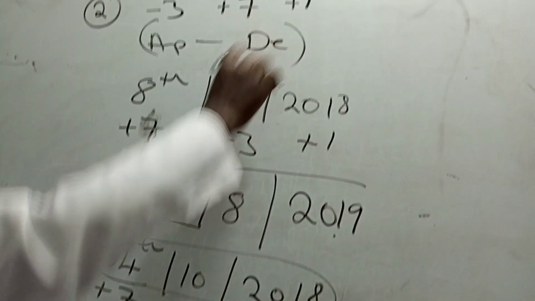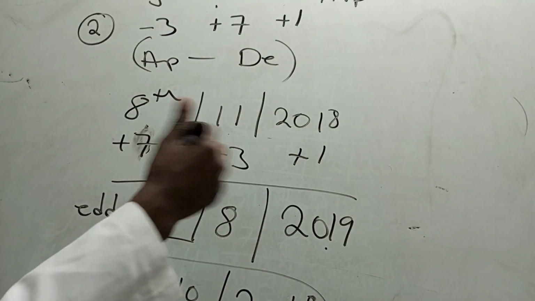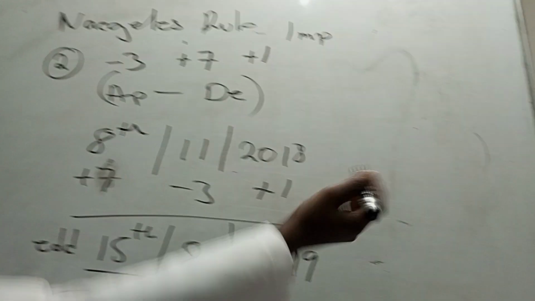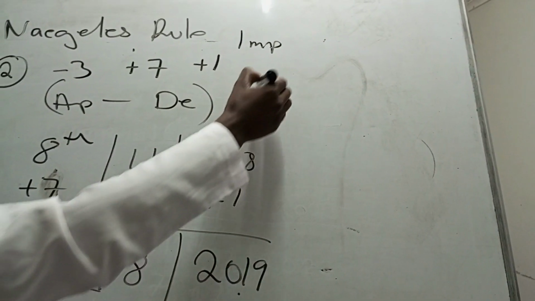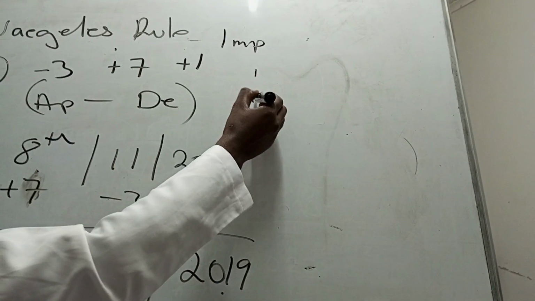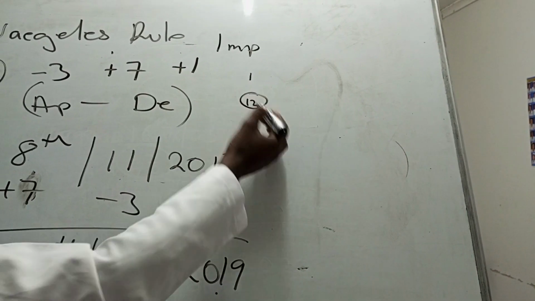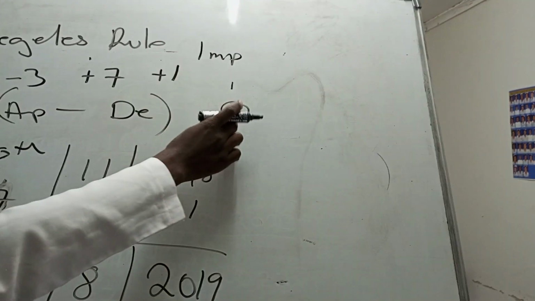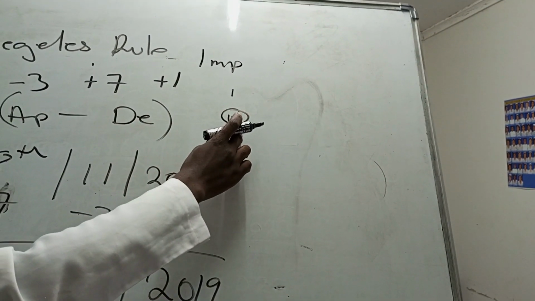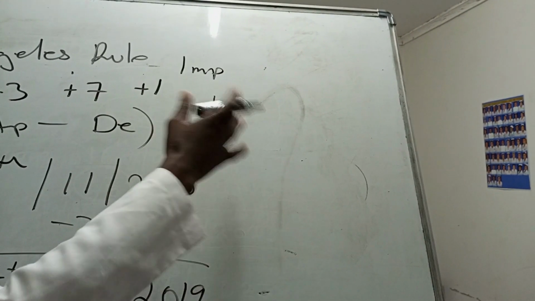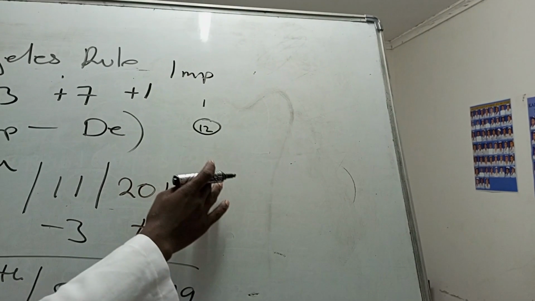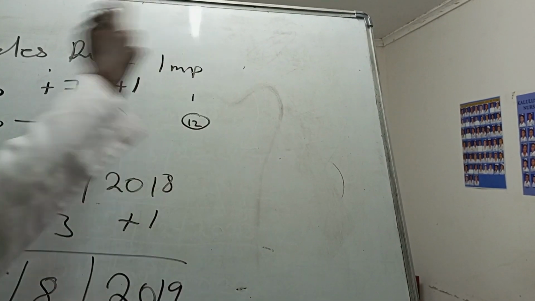We can also use this to calculate for the first 3 months. Remember, if we follow the months, we have January to December. December is the 12th month. Since December is the 12th month, we are going to replace the first 3 months in this same order. After December, you start again.